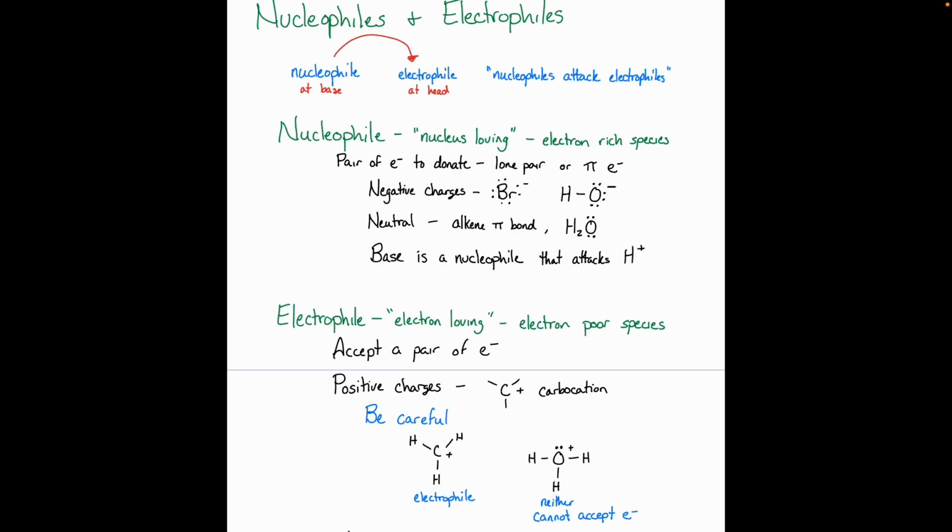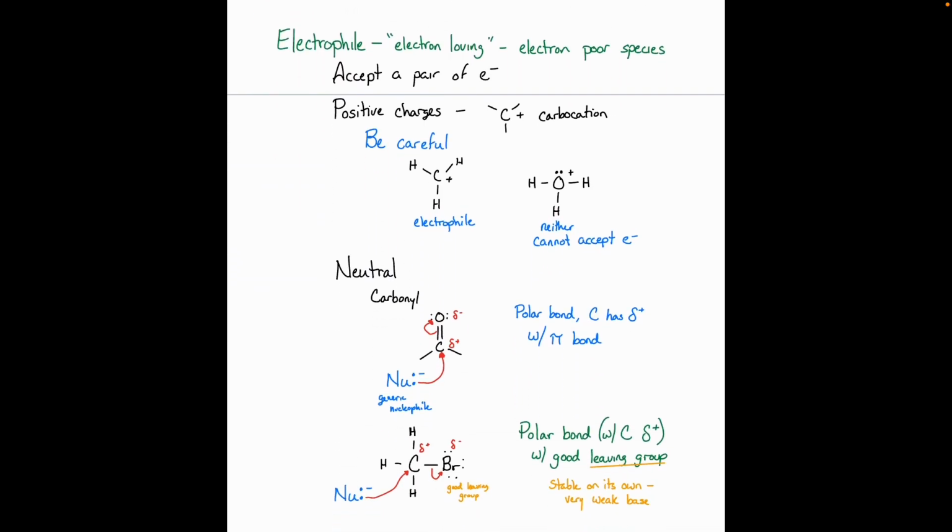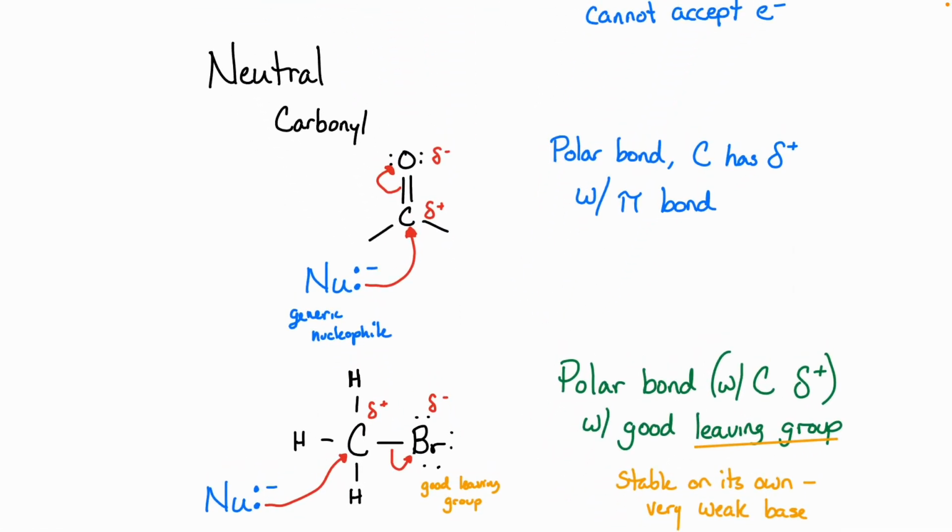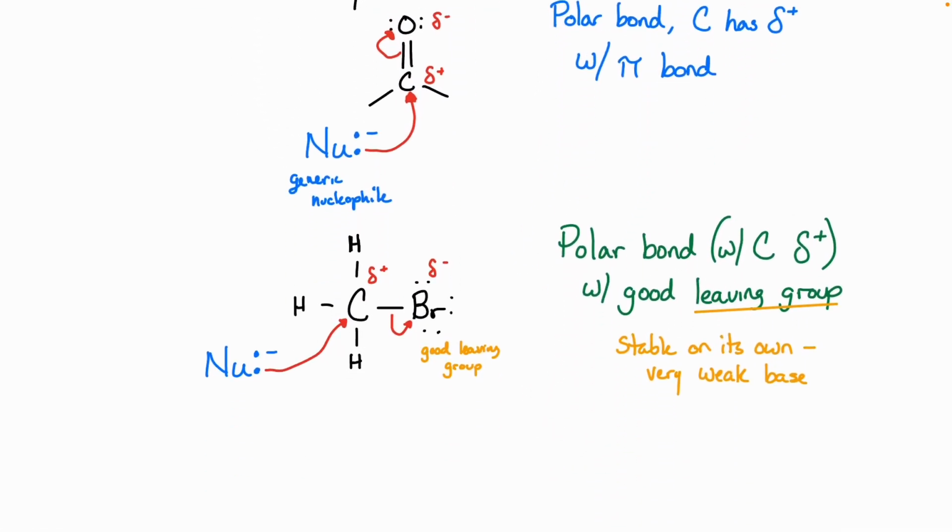The nucleophiles tend to be easier to spot, okay, because it's just anything that has a lone pair that it can donate, especially if it has a negative charge. That's a good nucleophile, okay? Electrophiles are a little harder to spot. Our carbocations are going to be a quintessential electrophile, but we can also see some neutral electrophiles if they're polar with pi bonds or polar with good leaving groups.